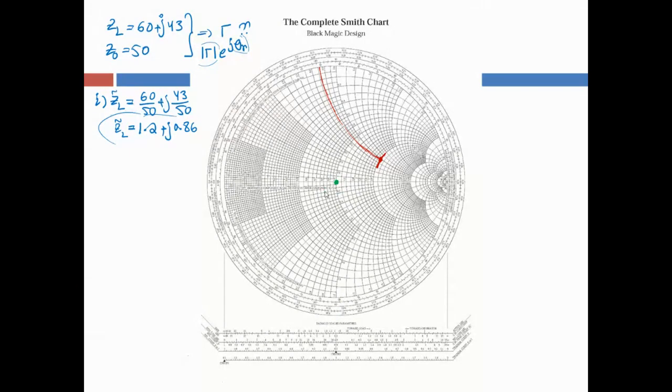Then what I want you to do is to put the piece of paper along with the point that is green. So on your paper, just put a mark where the center is. So I put a mark in here.